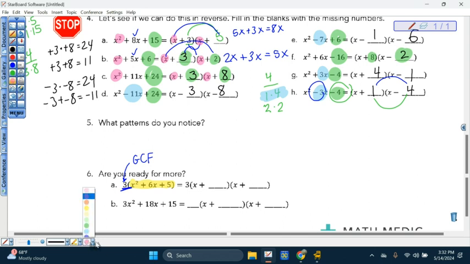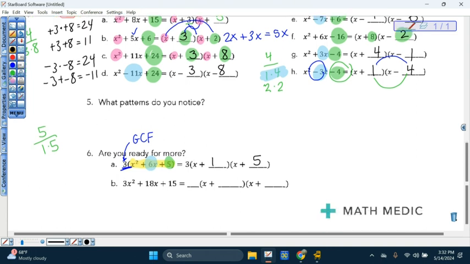So again, I have to look at this last term, the 5. What numbers multiply together to get 5? 1 times 5, right? Can I use 1 and 5 to get to 6? How? Just positive 1, positive 5, right? Positive 1, positive 5.